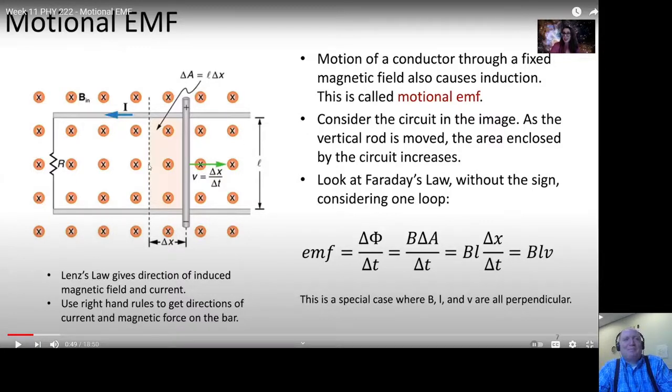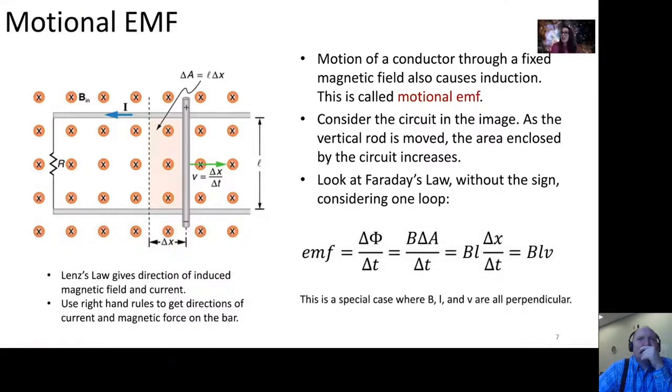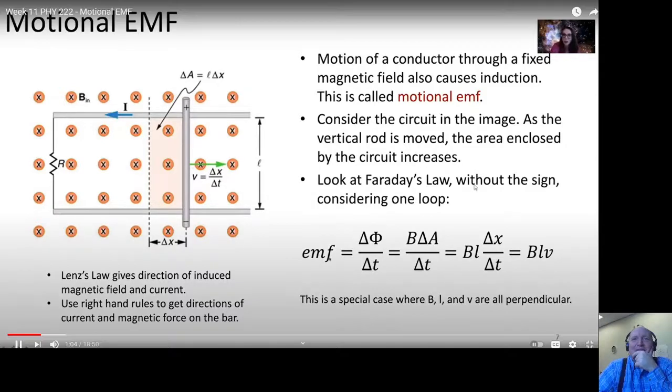Equal to the magnetic field times area. So if the magnetic field stays the same but the area increases, we increase our magnetic flux. So if we look at Faraday's law, ignore the sign on it for now, and consider one loop, then the EMF we induce is equal to the changing magnetic flux over time.